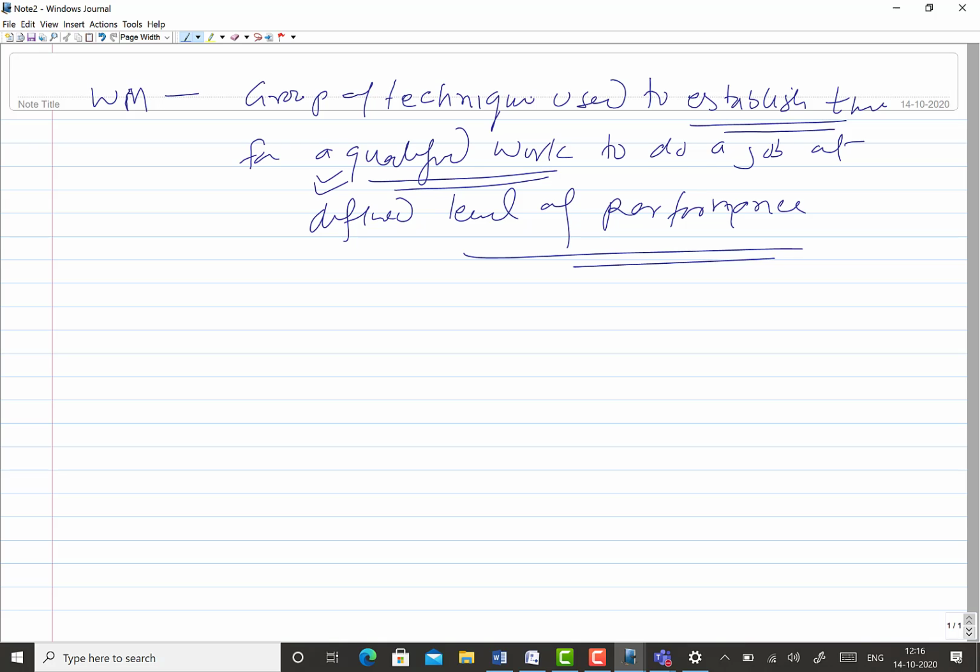These two words are primarily related with the time study method of work measurement, which will be elaborated when we talk about that method. So basically in work measurement we focus on establishing the time for doing a specific job by a qualified worker at a defined level of performance.